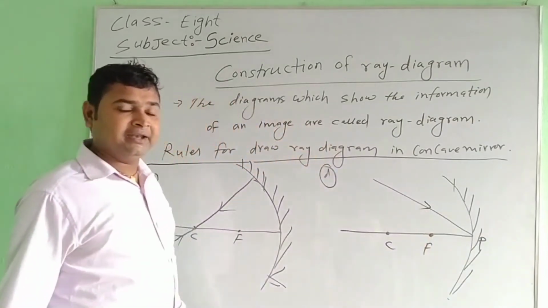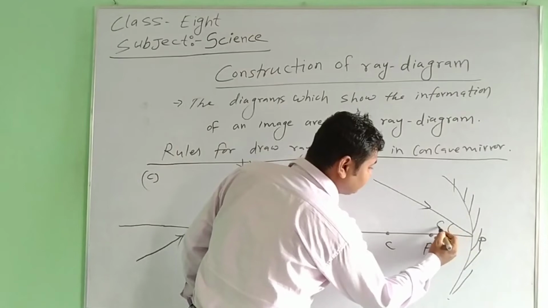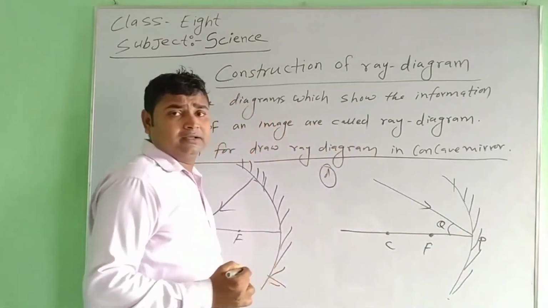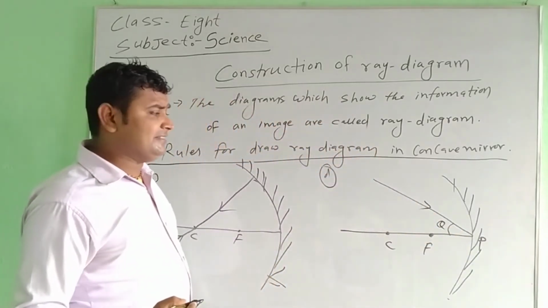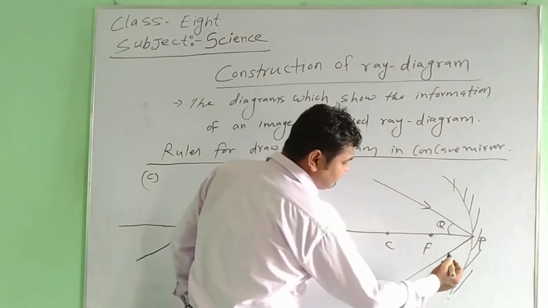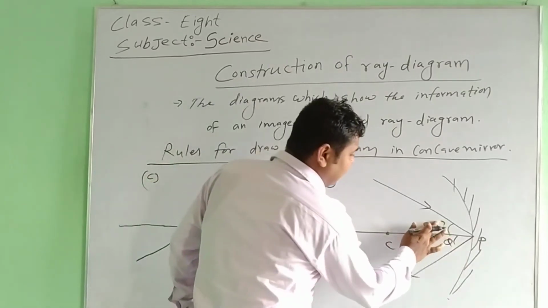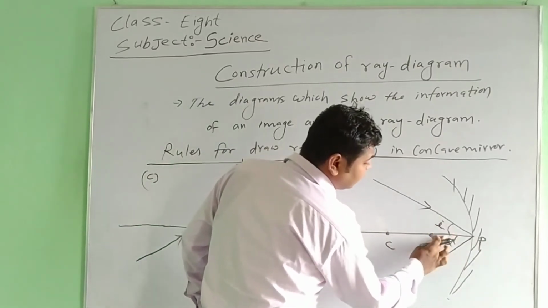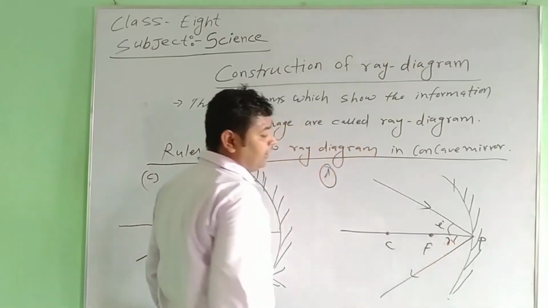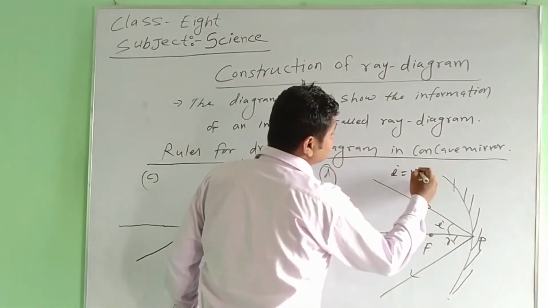What is the angle formed between the incident ray and the principal axis? The ray returns back making the same angle: sin i by sin r, it means i is equal to r.